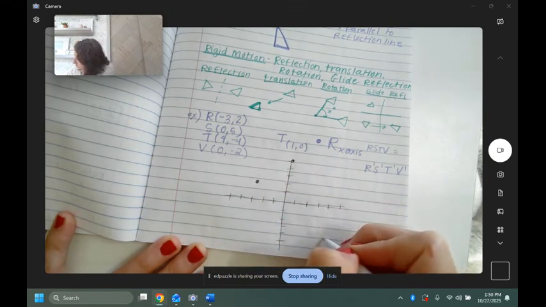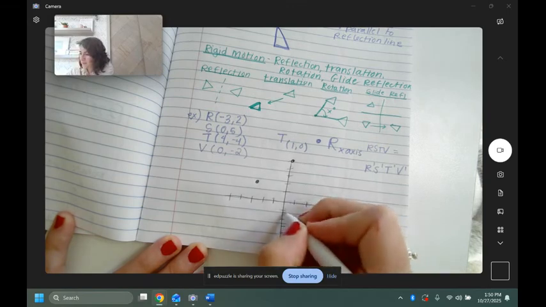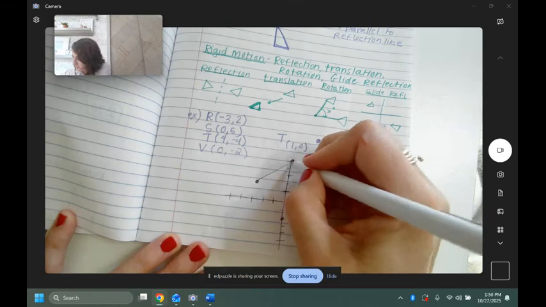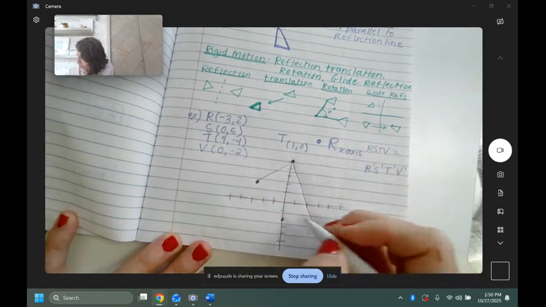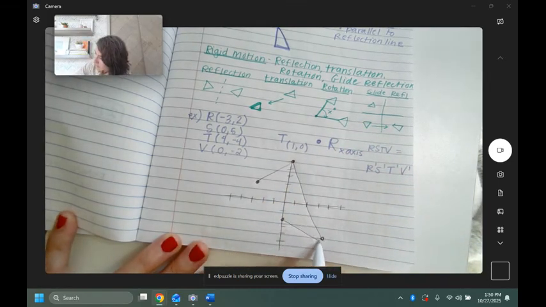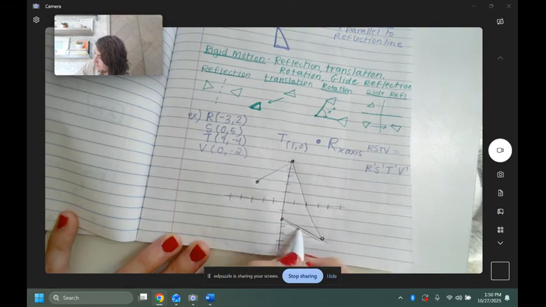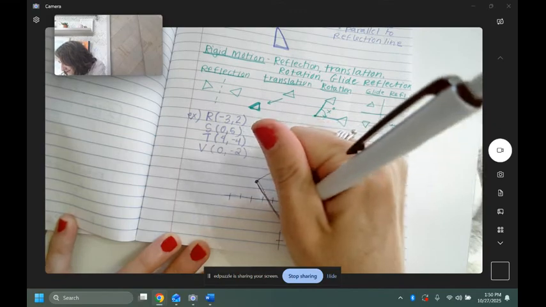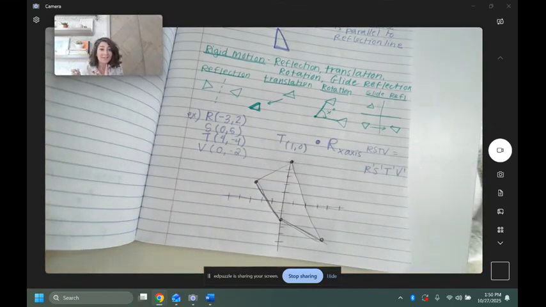T is at 4, negative 4. And V is at 0, negative 2. So here is your original shape. All right. And so for a glide reflection, first I want to do this reflection piece.